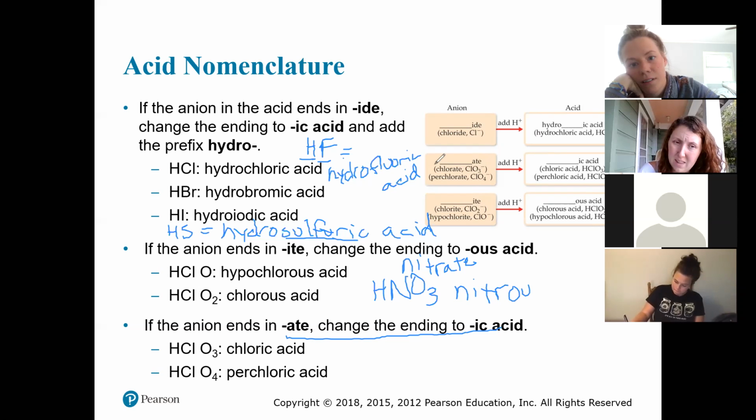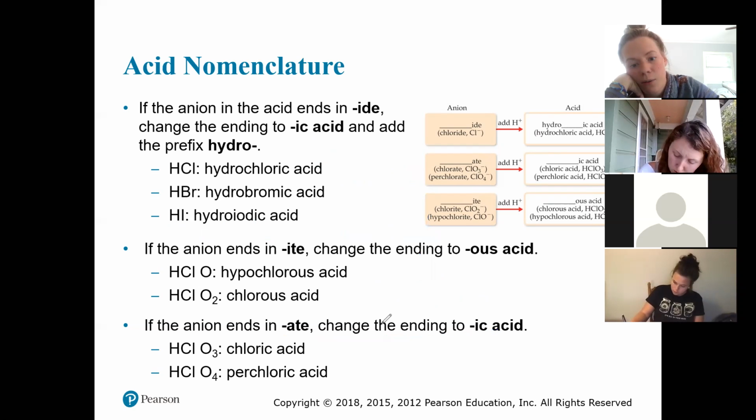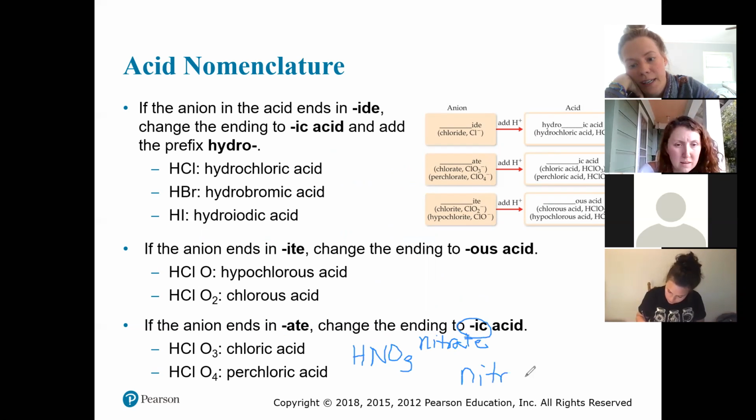Where I've got it written is a little confusing. Let's just clear that out. We'll rewrite it down here. Okay, so I've got HNO3. This is nitrate. Ate goes to ick, so this becomes nitric acid.